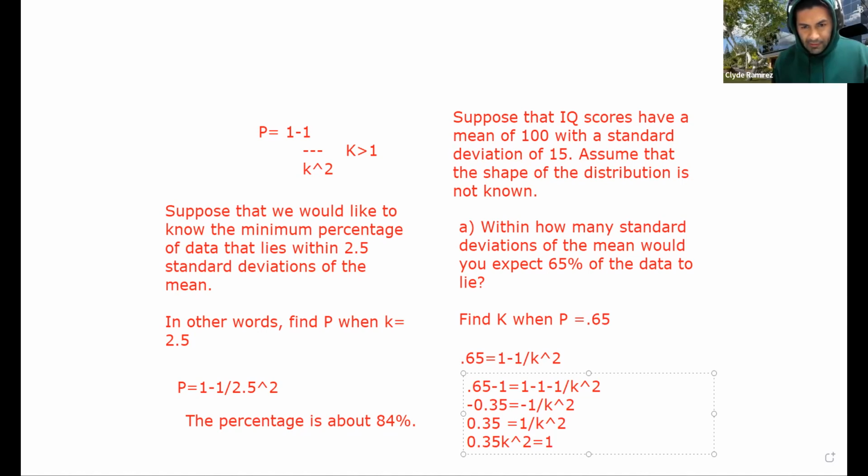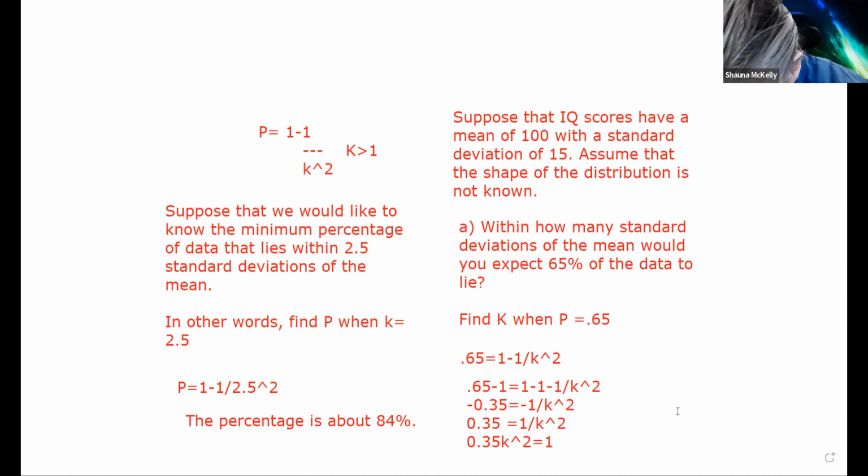Now from here, we're going to continue on the next screen. So we have 0.35 K squared is equal to 1, right? Now I'm going to divide by 0.35 on both sides.